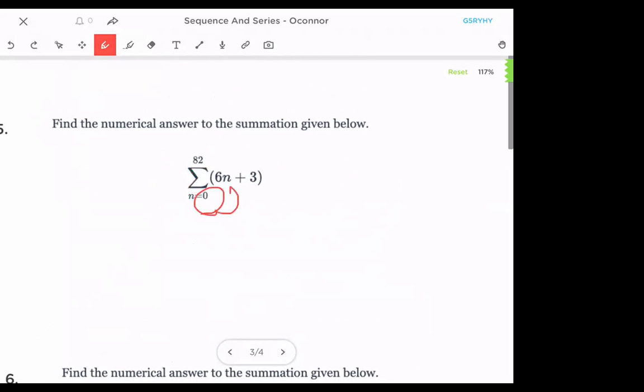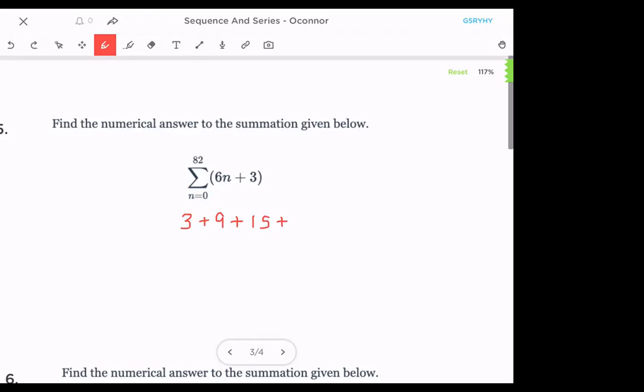This number is the first number I'll plug in for n. So if I did 6 times 0 plus 3, I get 3. And then I'm going to plug in a 1. 6 times 1 plus 3 is 9. Then I plug in 2. Whoops, 6 times 2 is 12 plus 3 is 15. Sorry. And then I would plug in 3 and then 4 and then 5 and then 6.